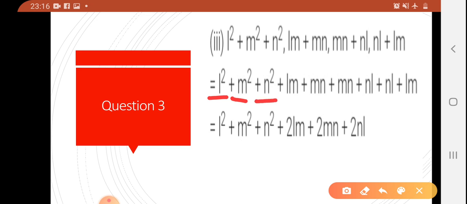Next N², no other N² is there. Next LM, yes, one more LM is there, therefore we have written 2LM. Here MN and MN, therefore 2MN, NL and NL, 2NL. So the answer will be L² + M² + N² + 2LM + 2MN + 2NL.